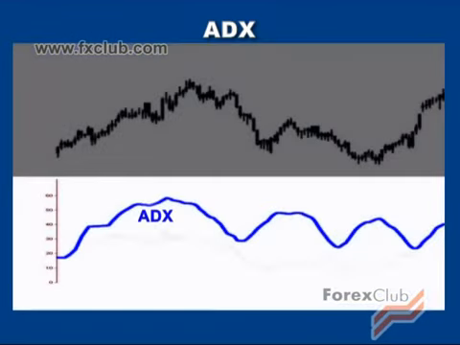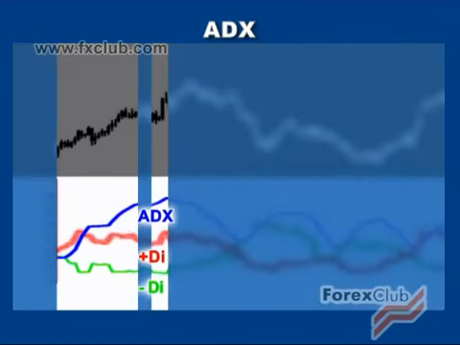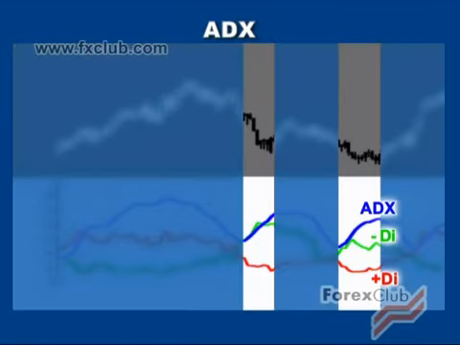The red line is called plus DI and the green one is minus DI. If plus DI is above minus DI and ADX is rising, then we've got ourselves an uptrend. If minus DI is above plus DI and ADX is rising, then the trend is down.